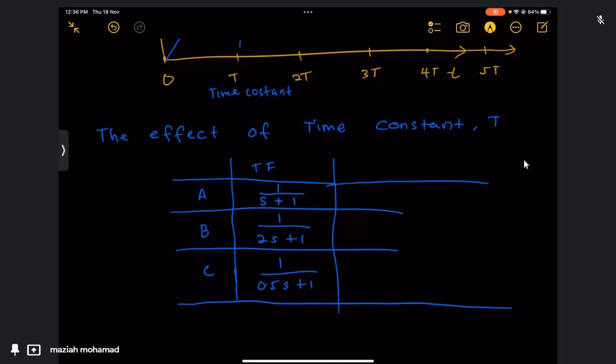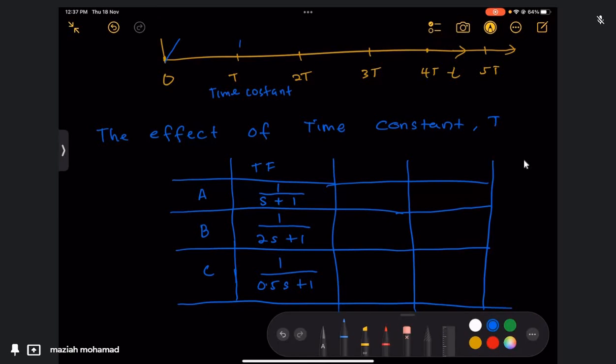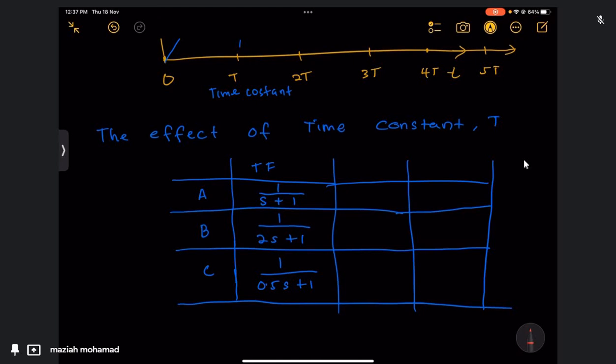Based on the transfer function, we can determine the value of K and T. What is the value of K for system A? 1. T? Also 1.